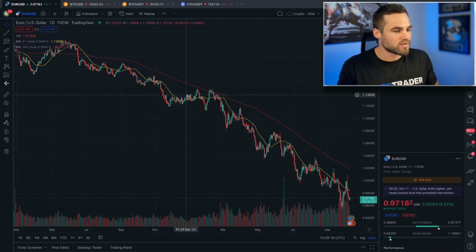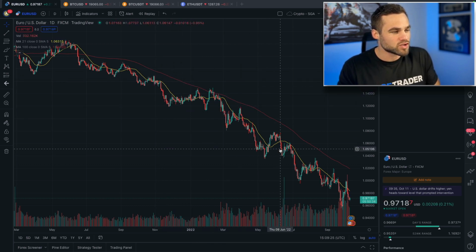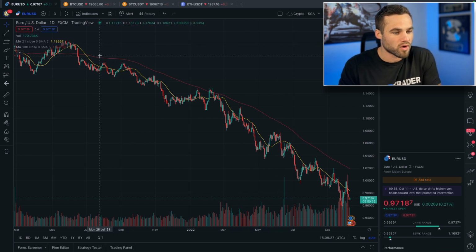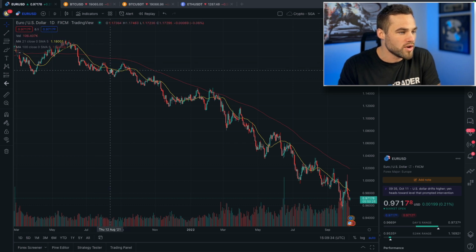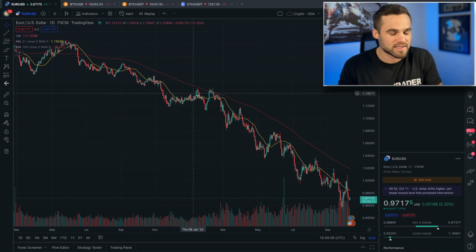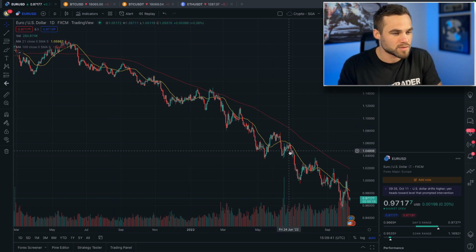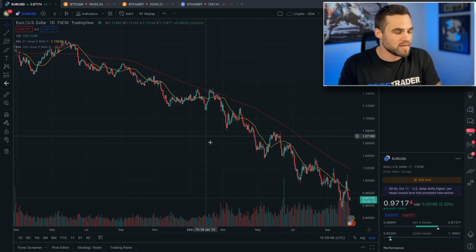So now that we have the two moving averages, the 21 here in yellow and the 100 here in red, essentially what we're waiting for is a trending market. And you can see here, since we have the yellow 21 moving average underneath the 100 moving average, this is signifying that it's in a downtrend. And so this means that we're only looking to take sell trades here in this scenario.